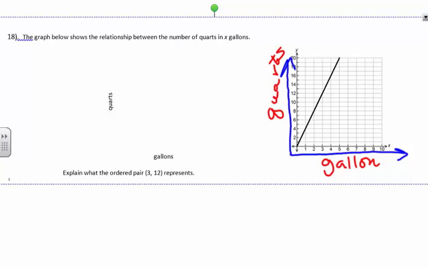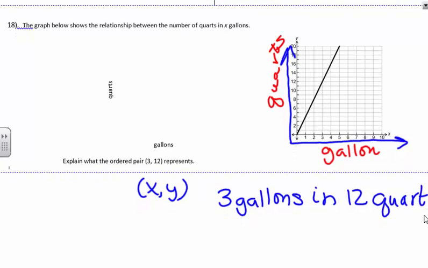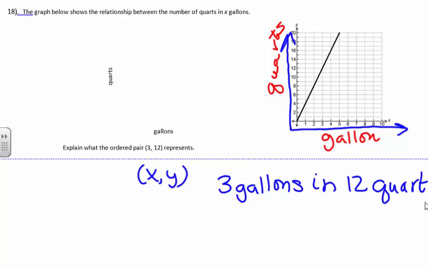So we look at this ordered pair, which represents x comma y. So therefore 3 has to represent gallons. So there are 3 gallons in, if you look here, 12 quarts. So always read our x-axis first, and then go into our y-axis.